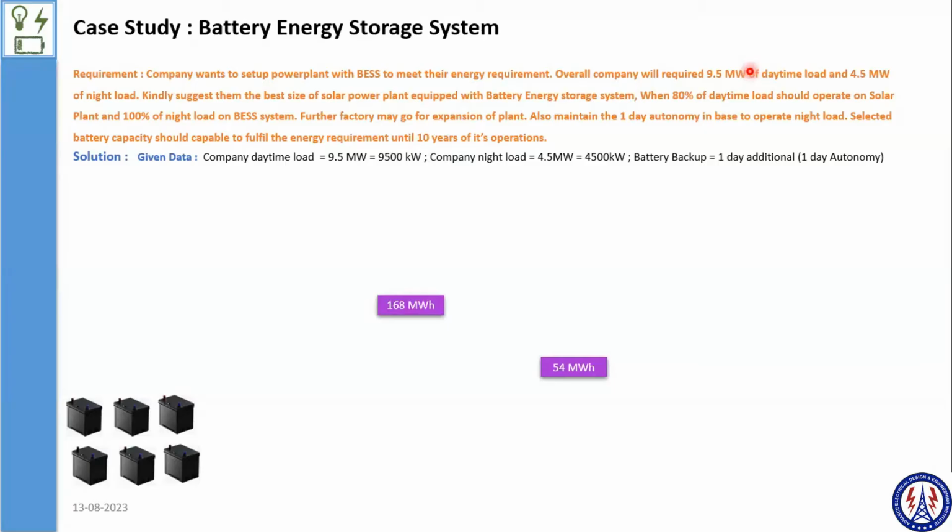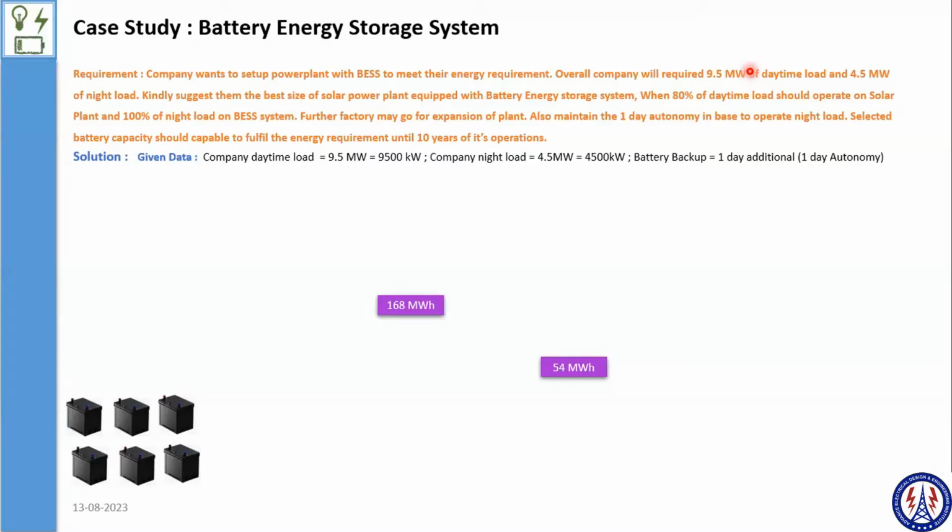Yes, it's 12 hours day, 12 hours night. That's the consideration. 12 hours, and 80% is from the solar panels, and the other 20% is from the grid, not from the batteries.